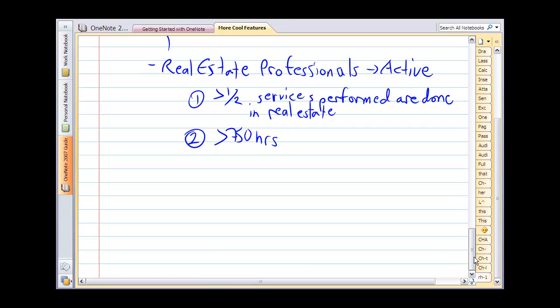All right, let's go back to the passive. So the IRS decided to give folks a break. If you're not a real estate professional, but you actively participate, you can take up to a $25,000 loss.